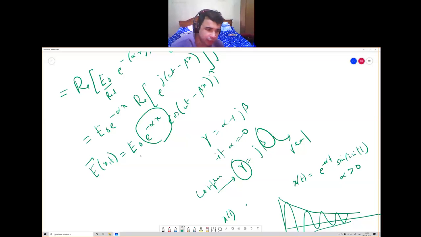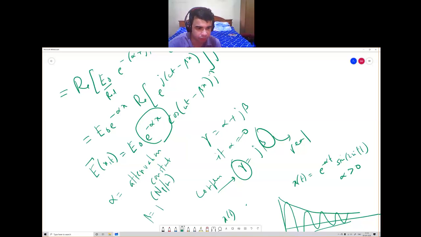So this alpha is called the attenuation constant, similar to the transmission lines. Its unit is nepers per meter, and beta is called the phase constant. Its units are radians per meter.